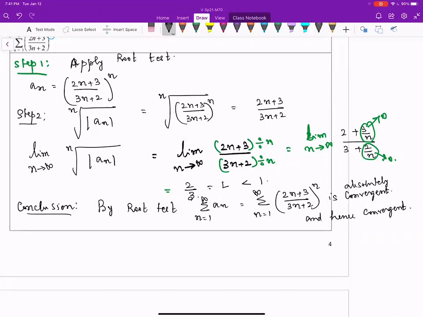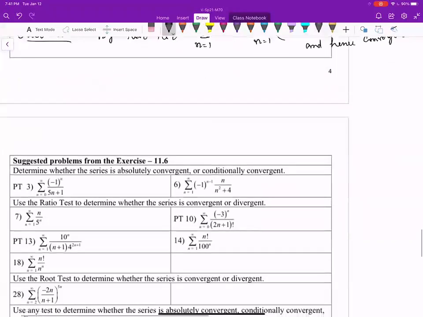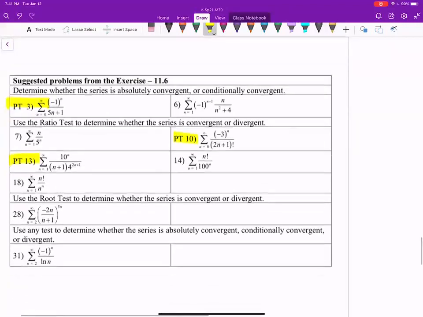In the suggested problems here below, in the section videos, I have shown the problems. Problem number 3, problem number 10, problem number 13, and 31.